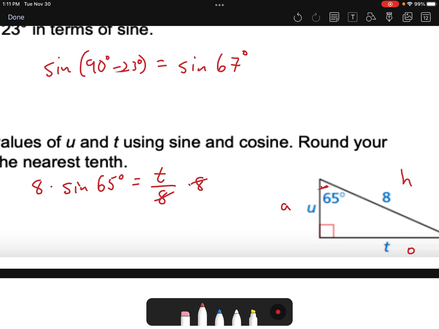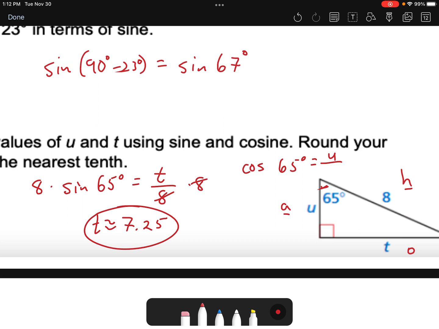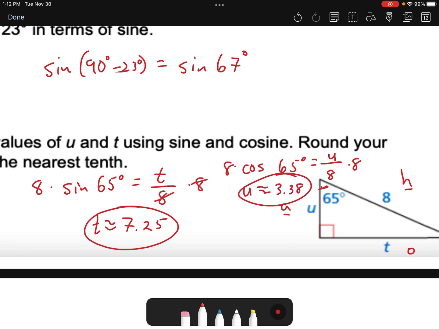So 8 sine 65 is about 7.25. And then we're going to find u by using the cosine because it's adjacent over hypotenuse. So the cosine of 65 is u over 8. So multiply by 8. So now it's 8 cosine 65, and u is approximately 3.38.